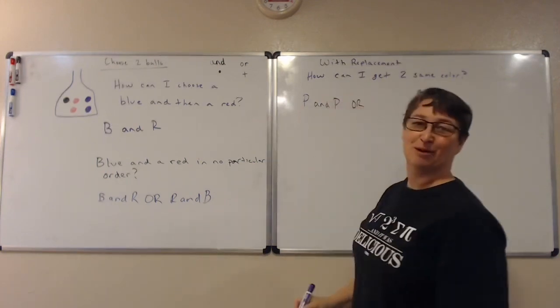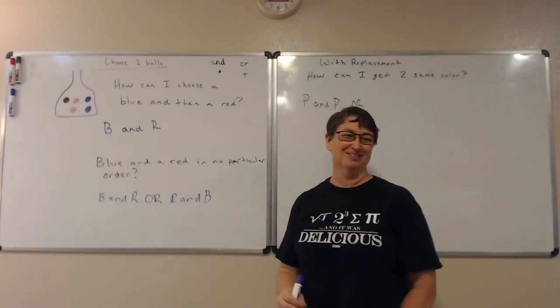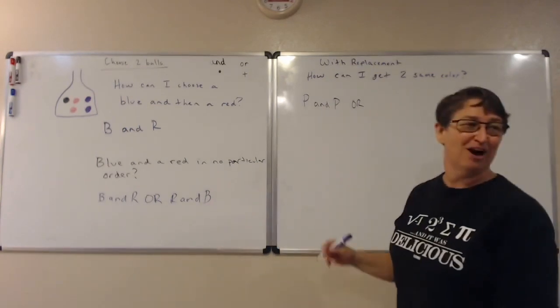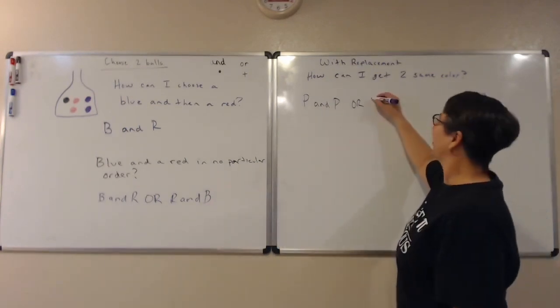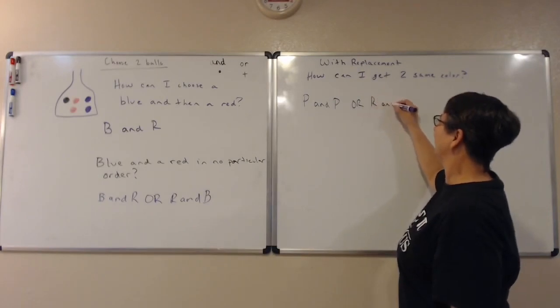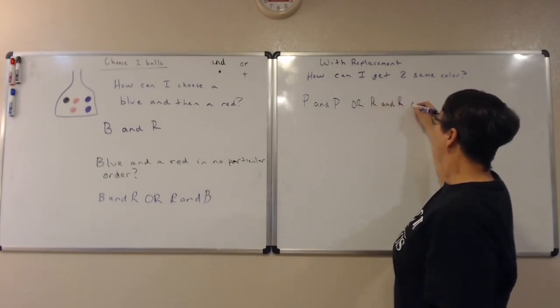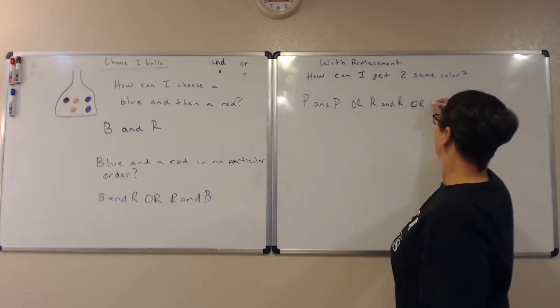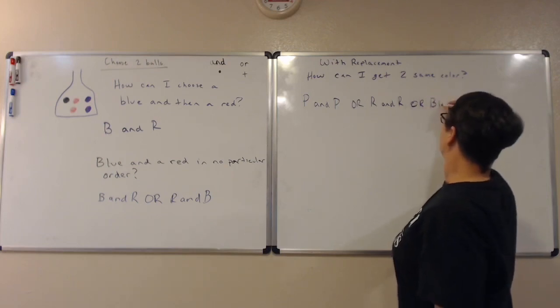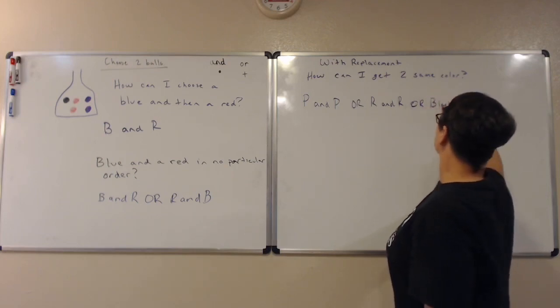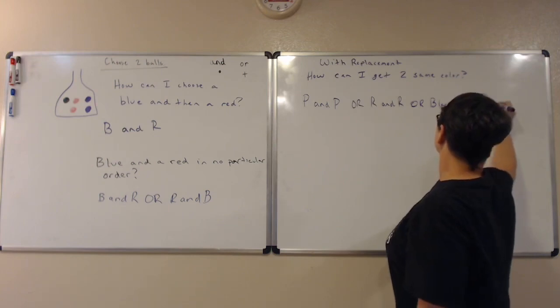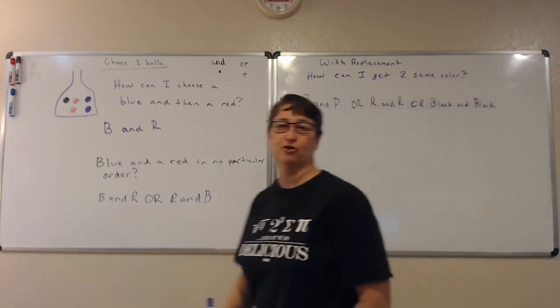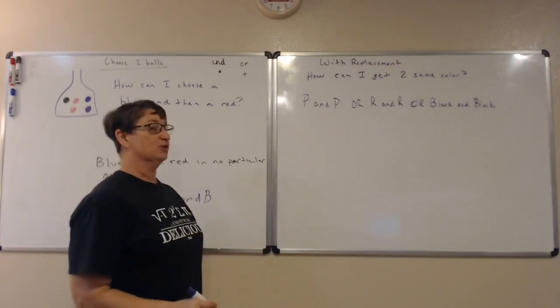My purples and my blues are interchangeable. They're the same color, obviously. Or a red and a red. Or I could get that black and black. So there are three different ways I could do it.